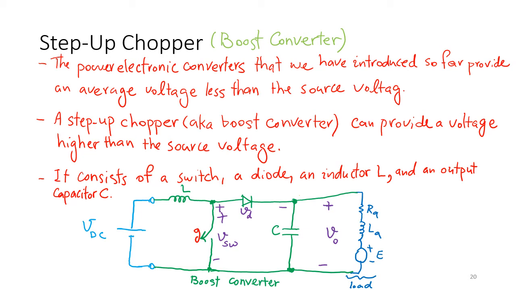Here is the current IA, the current of load. Here is ID, the current of diode. And here is IL, the inductor current in this case. And here is the voltage across the converter.